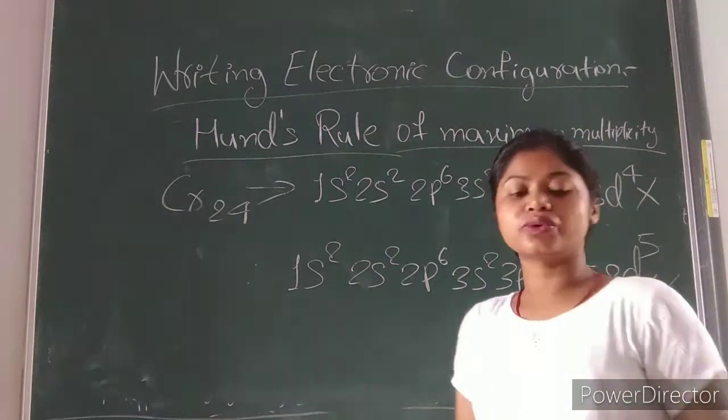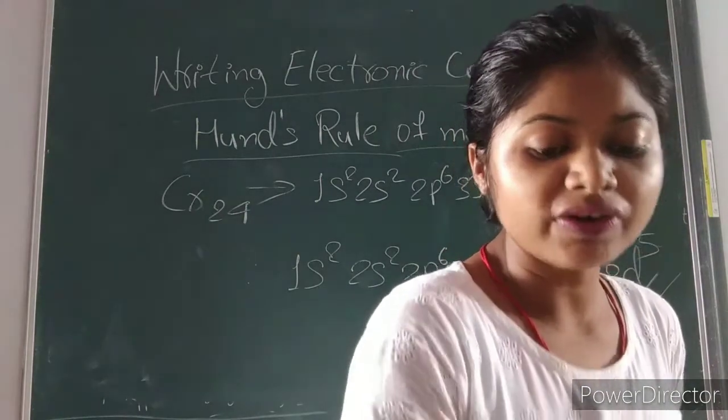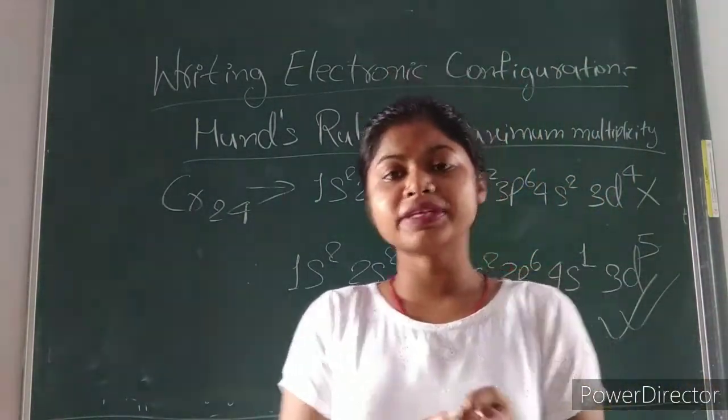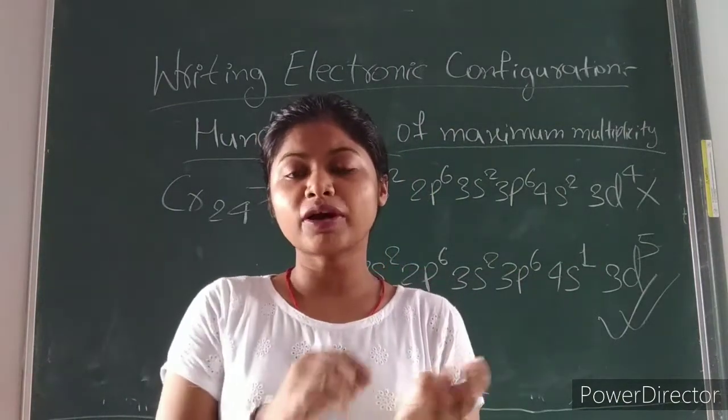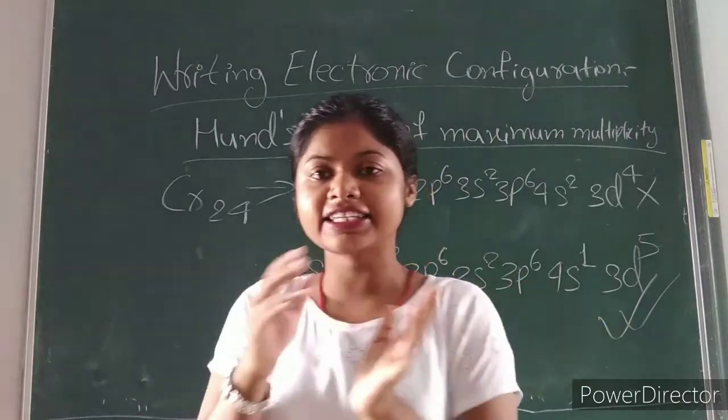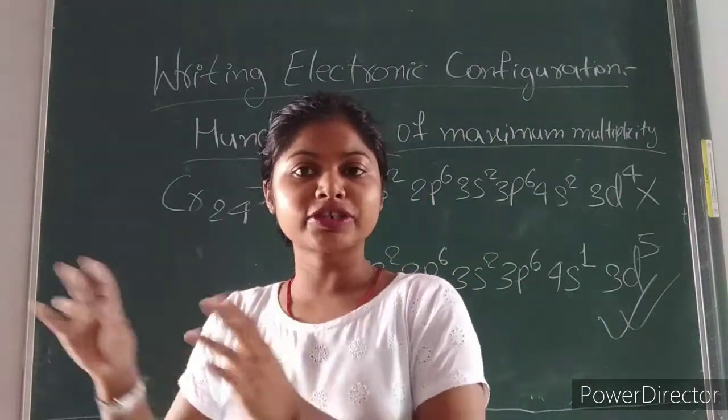So these are the rules for writing the electronic configurations. Okay, the Aufbau principle told us that electrons will fill the suborbits in increasing order of energy levels of suborbits.